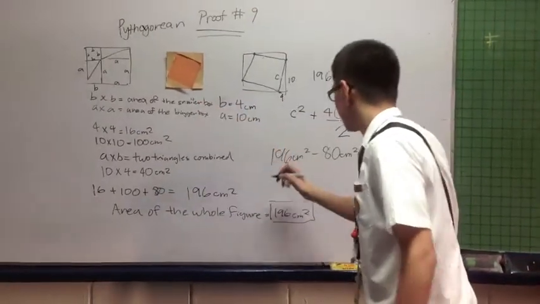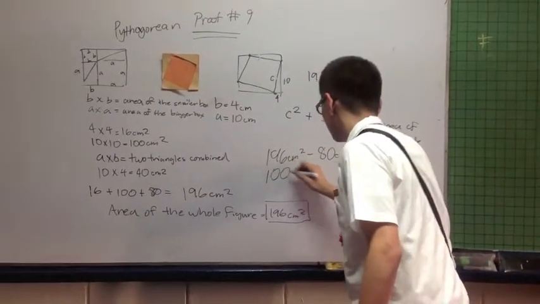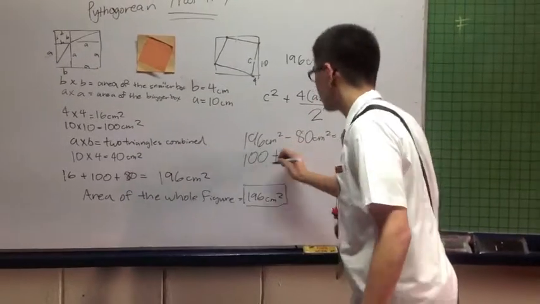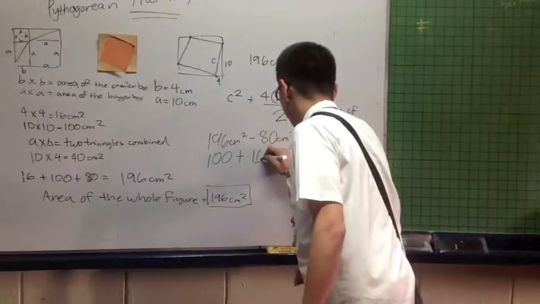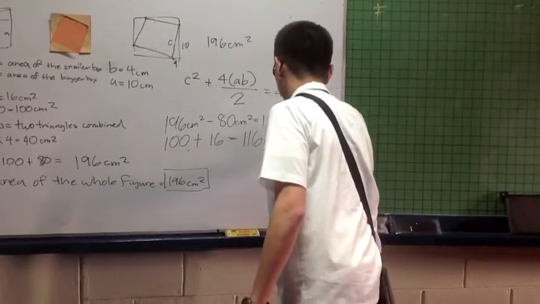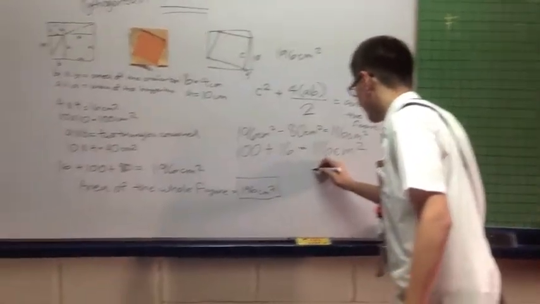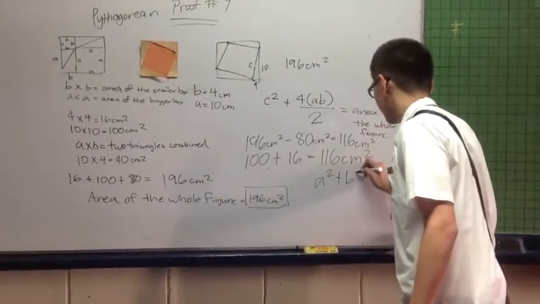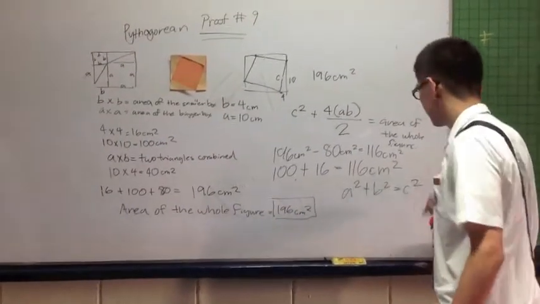Since we know that a squared is equal to 100, and if we add b squared, which is 16, we get 116 centimeters squared. We are certain now that a squared plus b squared equals c squared.